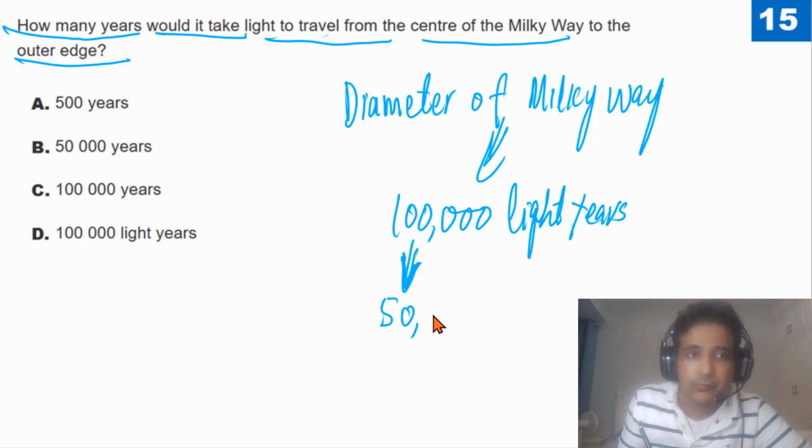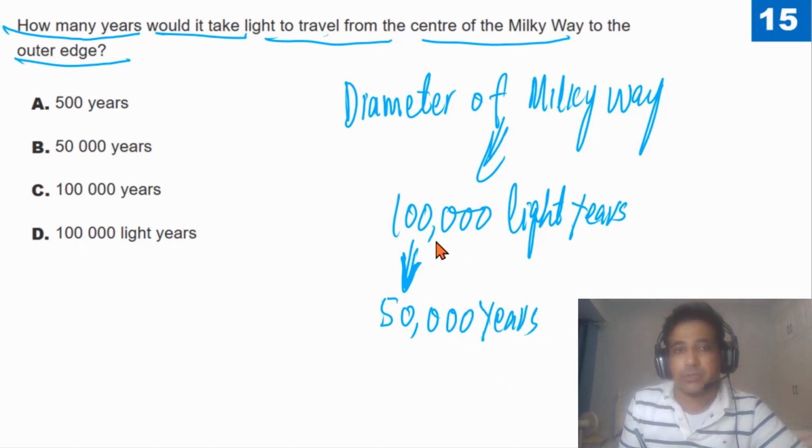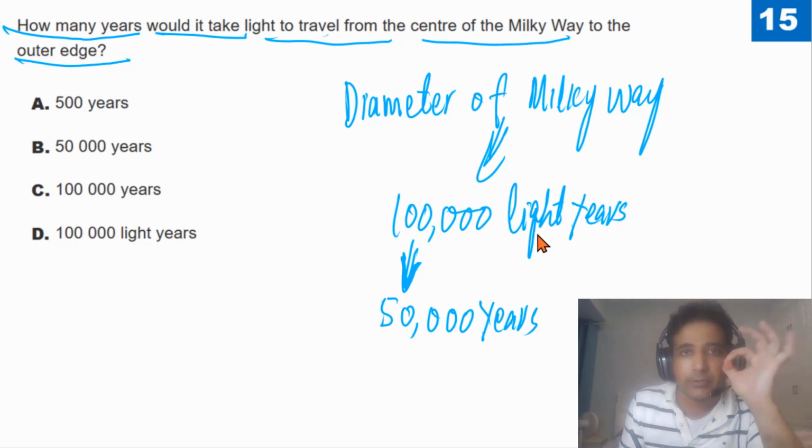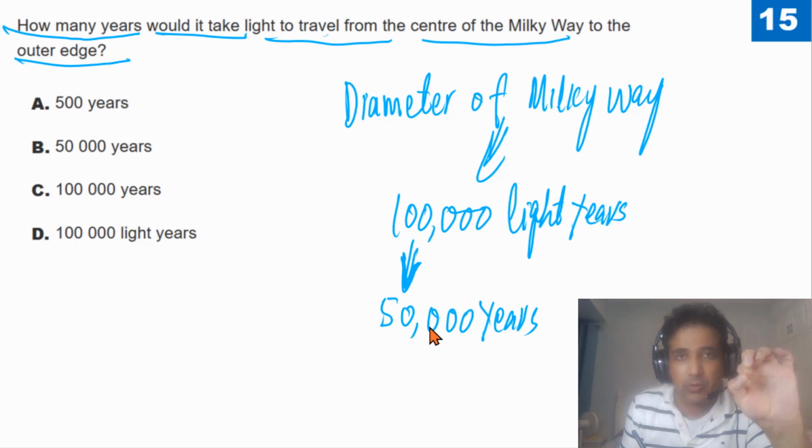So it will take 50,000 years, because the diameter of the Milky Way is 100,000 light years and the radius is 50,000 light years. So light will take 50,000 years to travel from the center of the Milky Way to the outer edge.